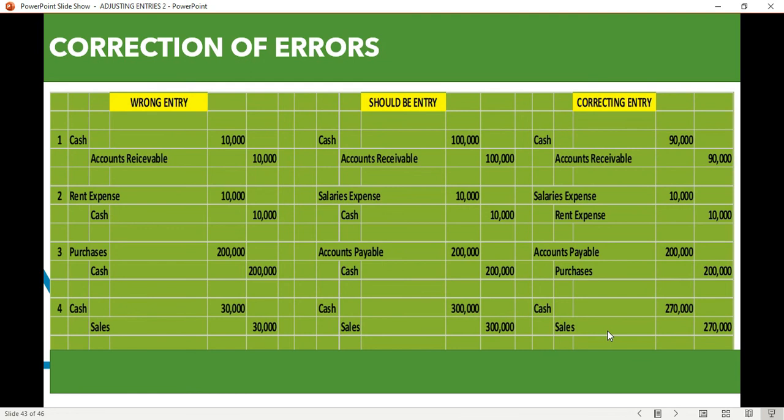So to correct, just add an amount because this is understated by 270,000. So just add 270,000 because the cash debited and also the sales are correct accounts, no? So we just debit cash for an additional 270,000 and a credit to sales for an additional 270,000.